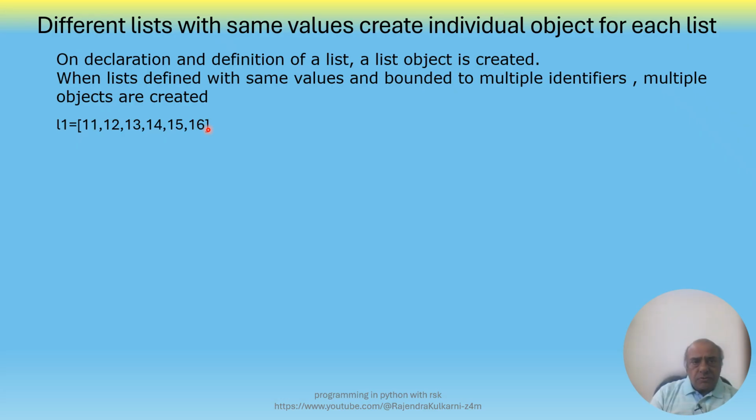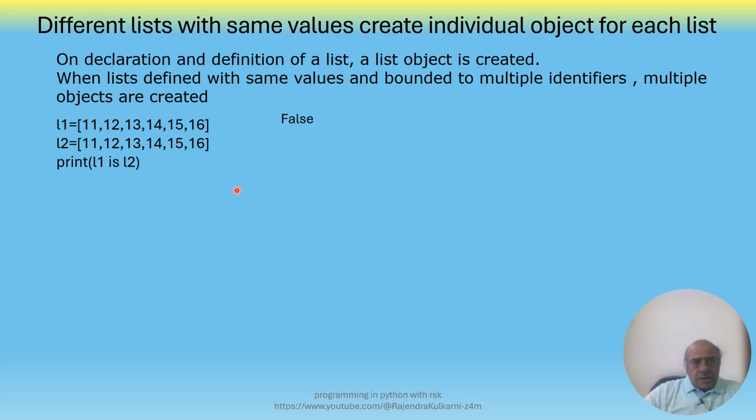Now suppose L1 is a list I created with values 11, 12, 13, 14, 15 and 16, and I create another list L2 with the same values. Print L1 is L2 gives me an output of false, because L1 and L2 are two different objects.